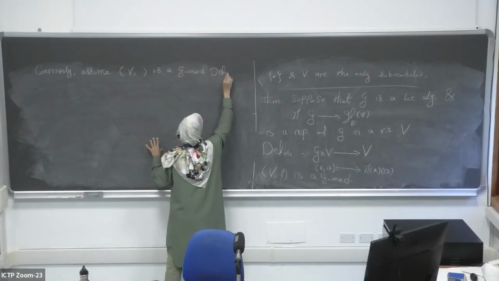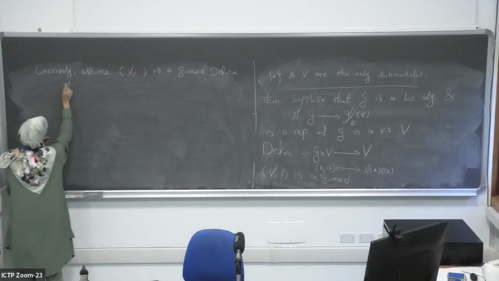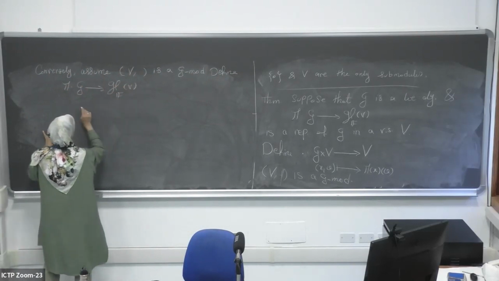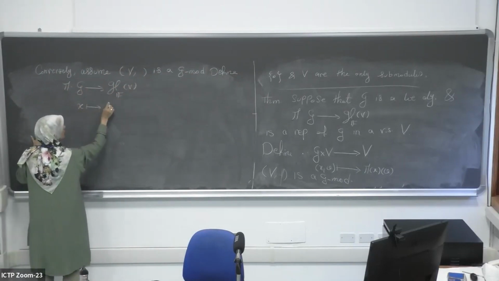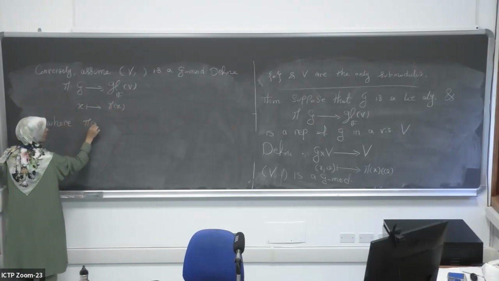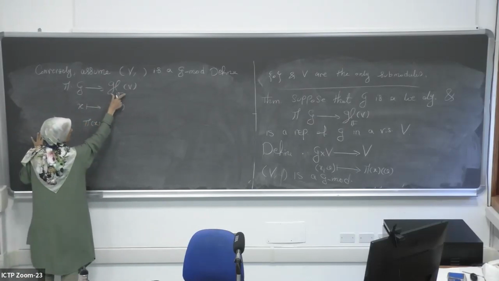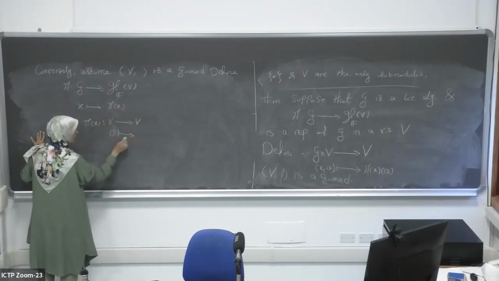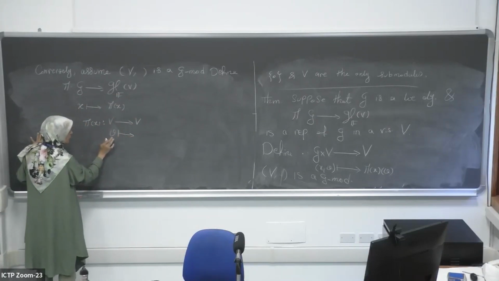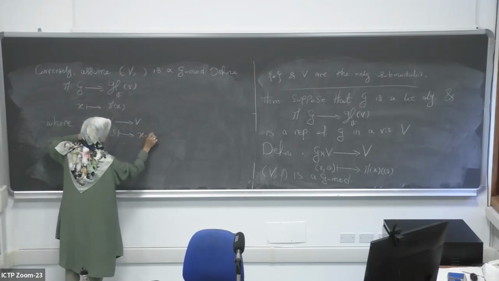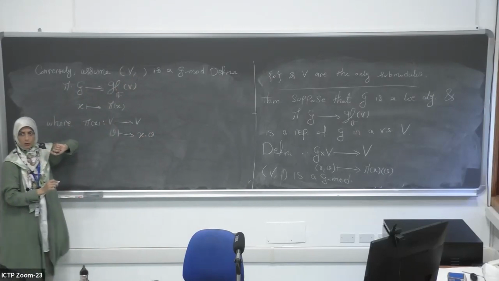Define pi from G to gl(V), which maps x to something I call pi of x, where pi of x, I assume is an element of gl(V), so it must be a map from V to V, and I want this map to send v to the only thing that I can define, x·v, because V and dot is the G module.